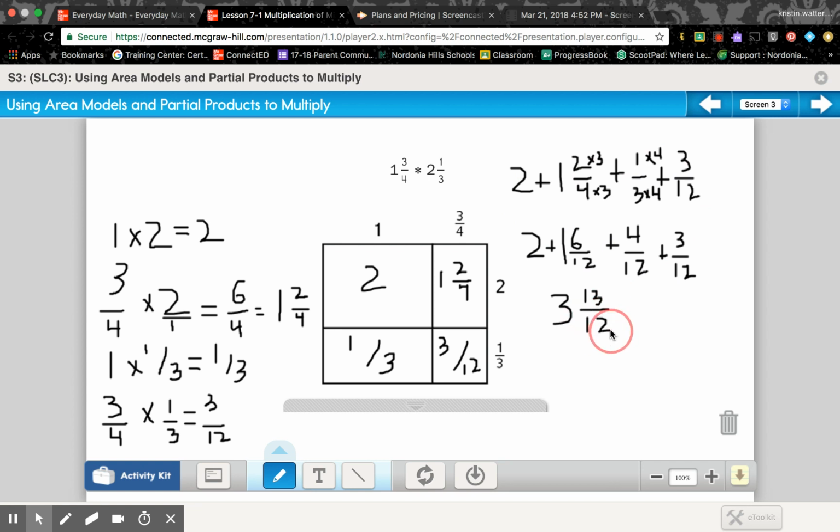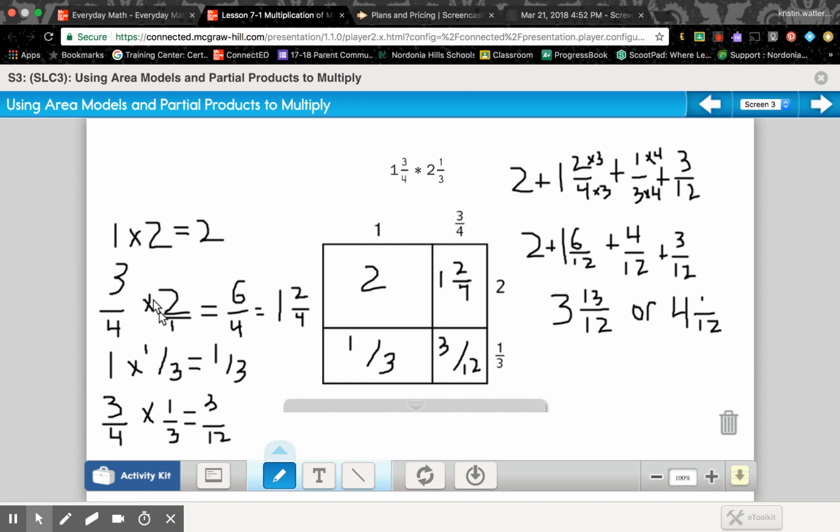Or could we simplify that and make it 4 and 1/12? So my answer for 1 and 3/4 times 2 and 1/3 is 4 and 1/12.